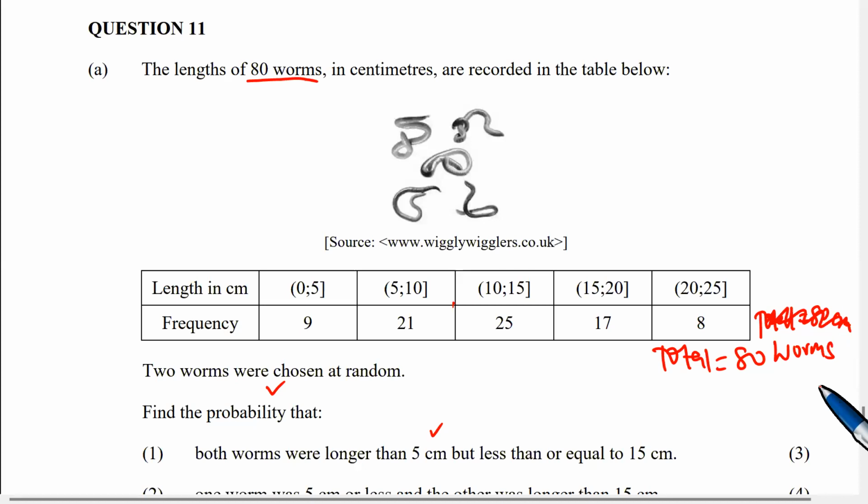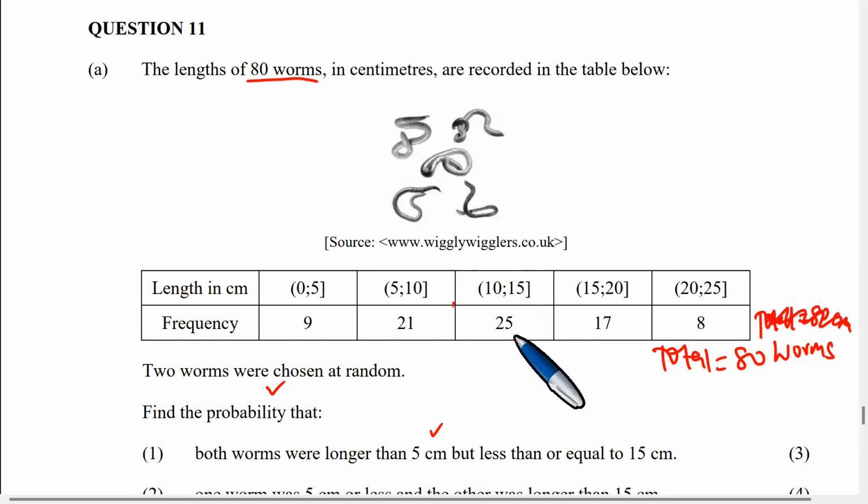Now, if both worms were longer than 5, but less than or equal to 15, 15 is included here.